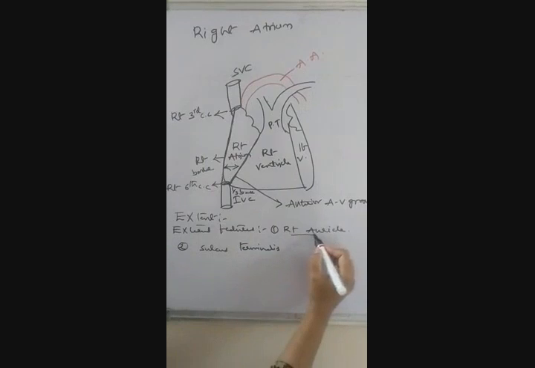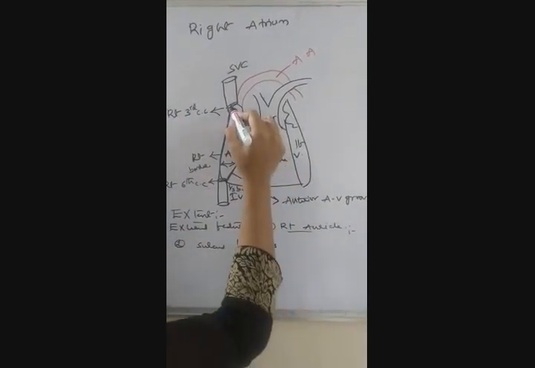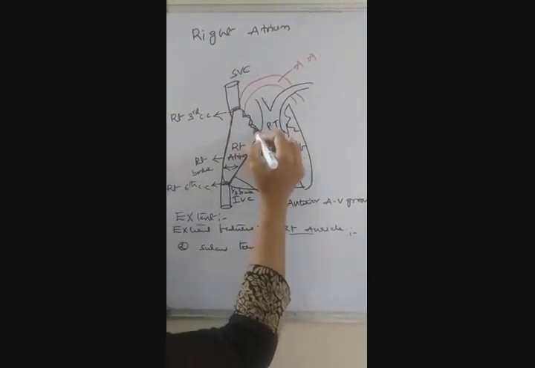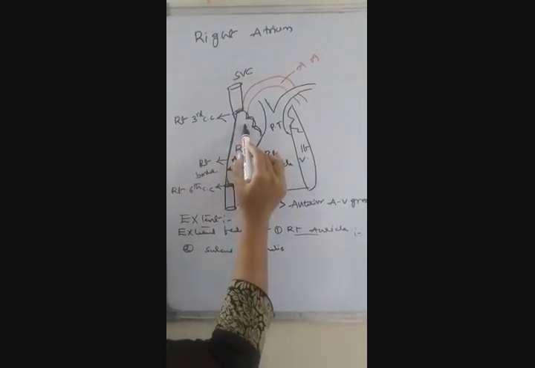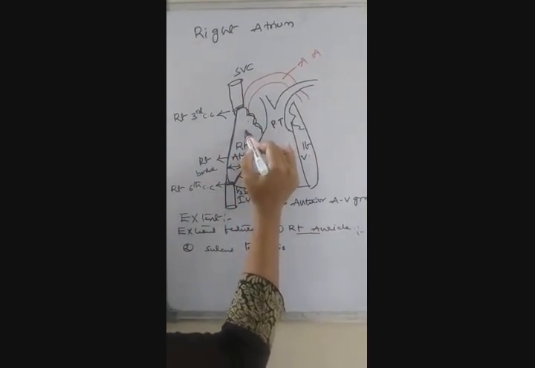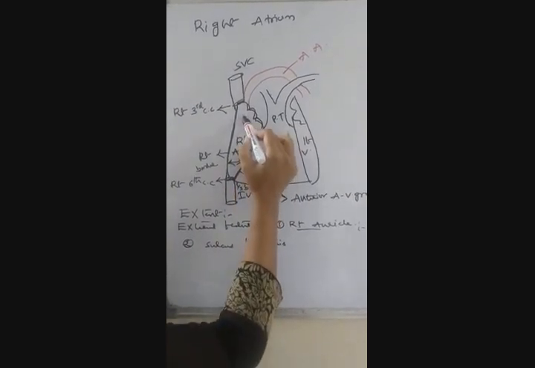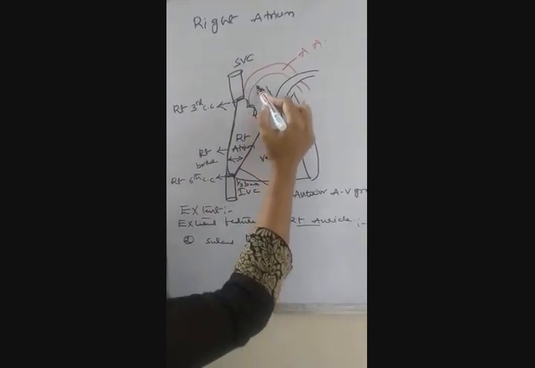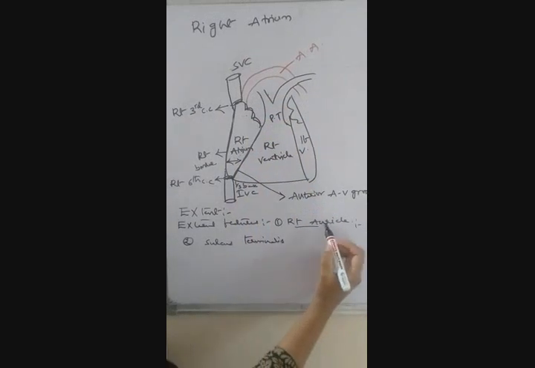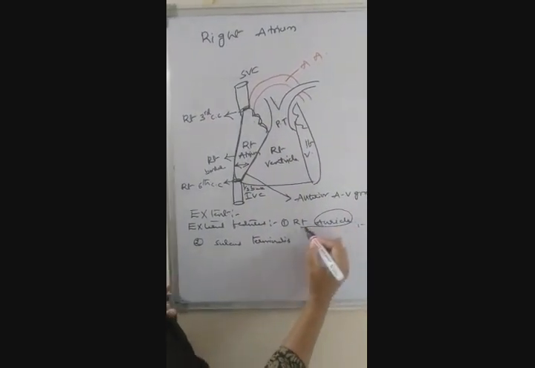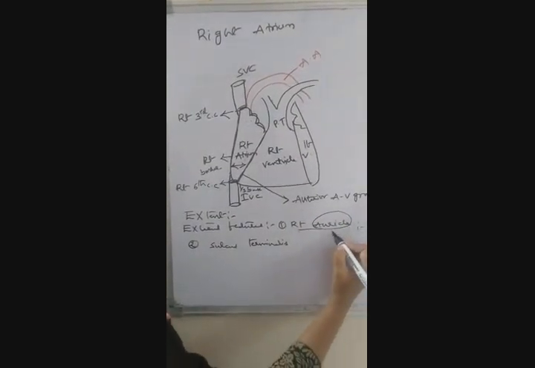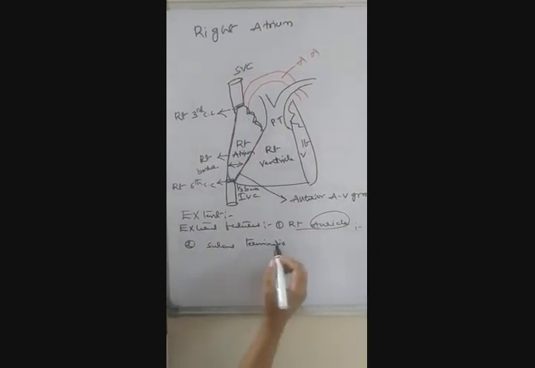So the right auricle is a conical shaped muscular projection from the superior aspect of the right atrium towards the left side, that is towards the ascending aorta. Okay, that is the right auricle. Because of its shape, it is called the right auricle. Auricle means ear shaped.